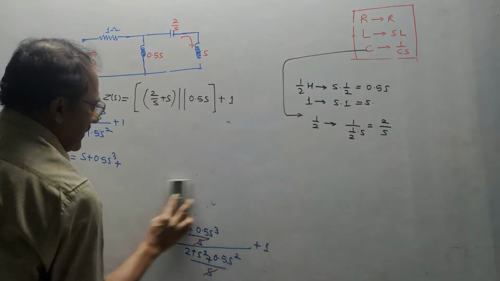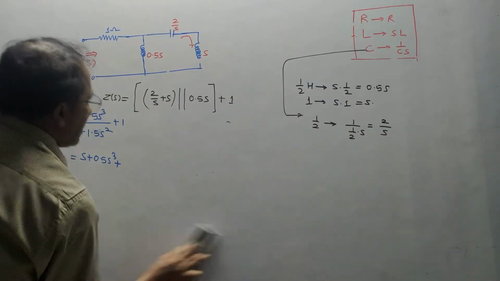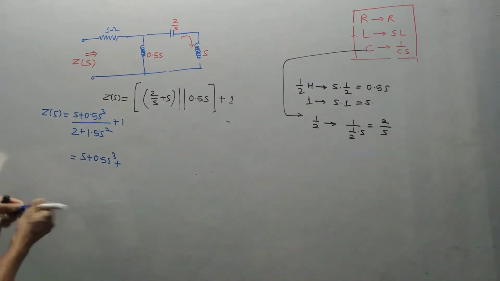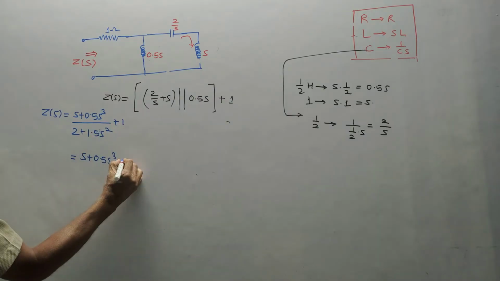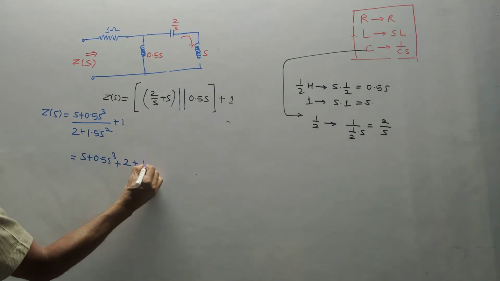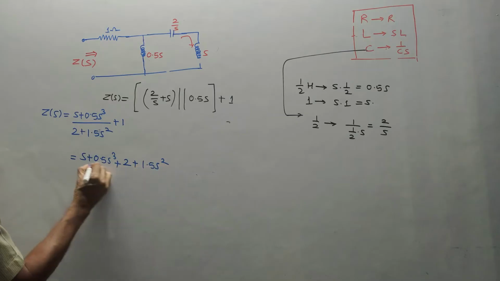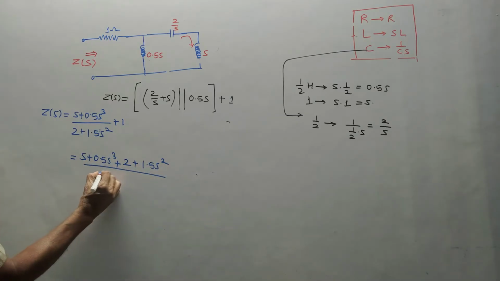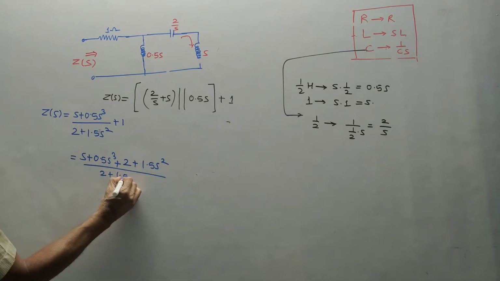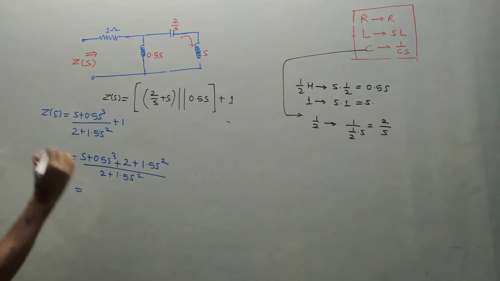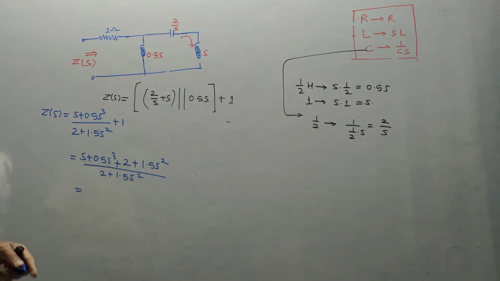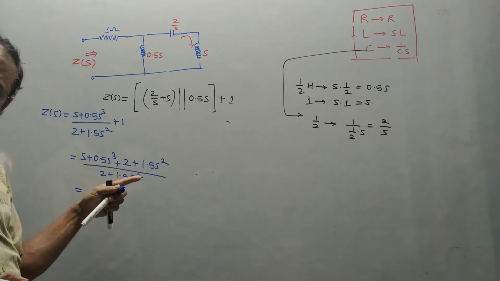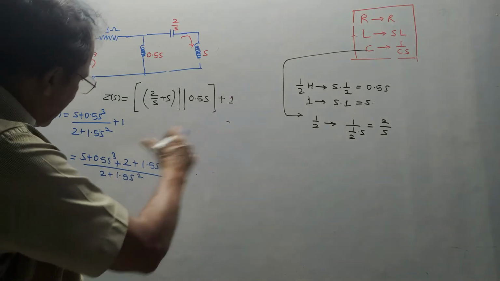I will have to simplify it further, so it can be written as, I will multiply 1 by this entire term, plus 2 plus 1.5 s square upon 2 plus 1.5 s square. Now what I mentioned earlier, be in the habit of writing the equations in terms of decreasing powers of s.